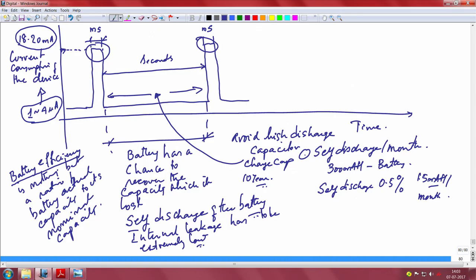The battery shelf life is defined basically as the longest time. Now you can talk about the battery shelf life.